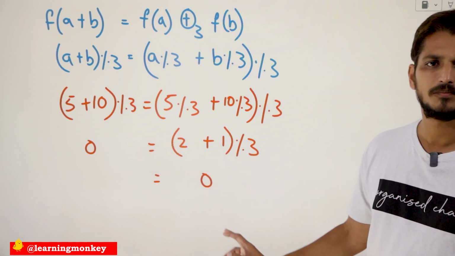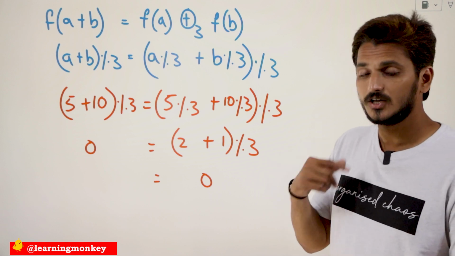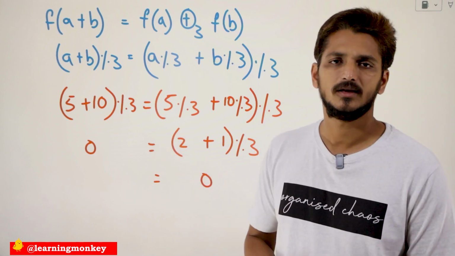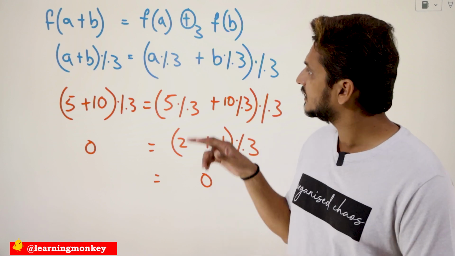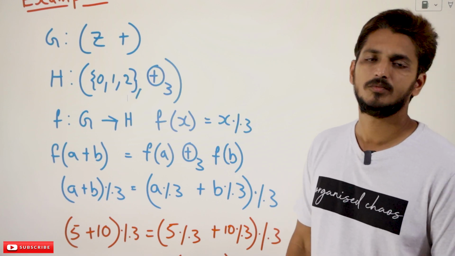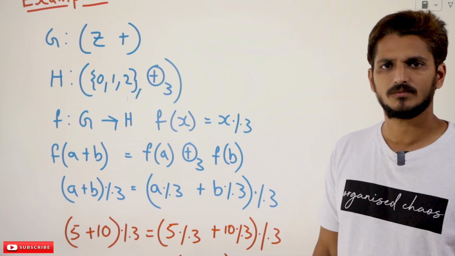So both are the same. Take any two values a, b, this is going to be satisfied. So the function f from G to H is a homomorphic function, it is satisfying homomorphism.